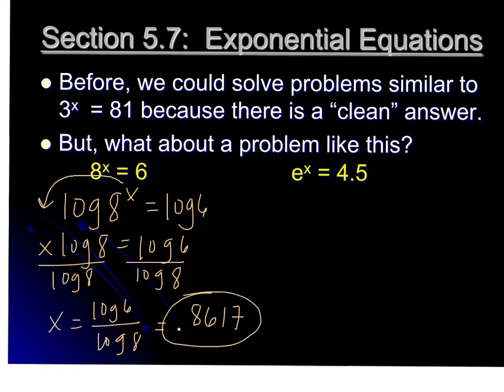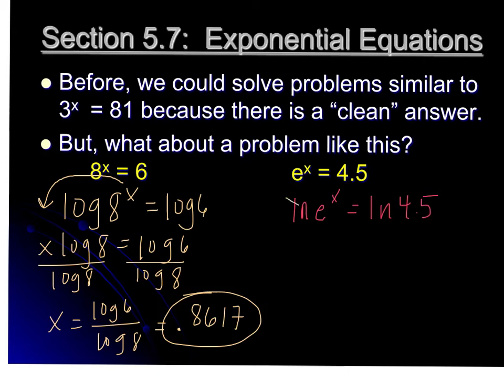Similarly, on the right, we see e to the x equals 4.5. Now the variable is still in the exponent, so we still want to take the log of both sides. But since this is a base of e, we actually want to take the ln of both sides. So if I take the ln of e to the x and the ln of 4.5, what happens here is we've talked about the fact that the ln of x and e to the x are inverses of each other.